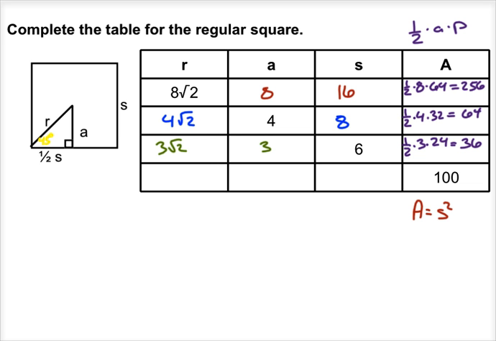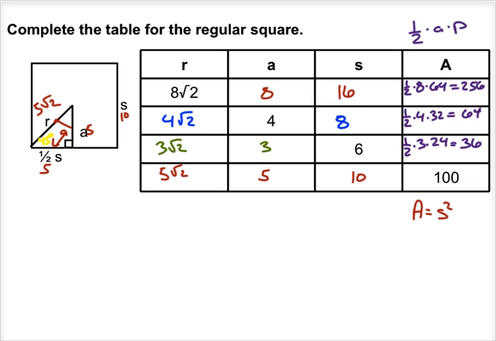So what number squared is going to give me 100 could tell me that the side is 10. And if one of the sides is 10, half of a side is 5. Well, the side and the apothem are going to be the same. So the apothem is a 5. And then when I go from the apothem to the radius, it gets bigger by the square root of 2. And my final answer is 5 square roots of 2.